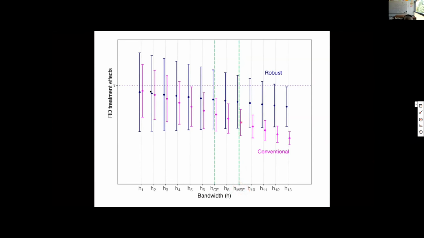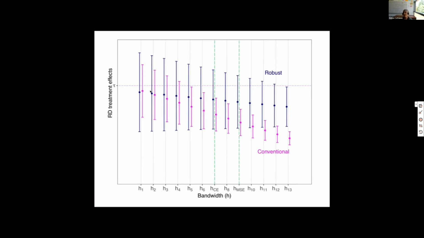So once you have that, there is a bias that leads to over-rejection of the null hypothesis. So in practice, we will see that choosing the optimal mean square error bandwidth for point estimation in RD, and then constructing confidence intervals using least squares ideas will lead in general to misspecification in the location of the confidence intervals and over-rejection of the null hypothesis.